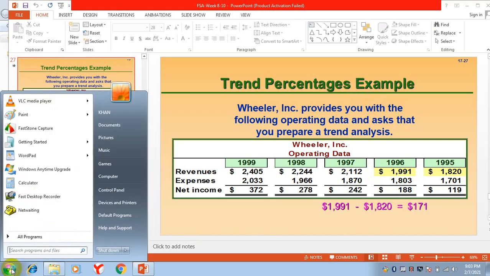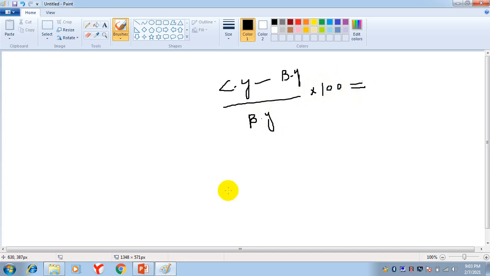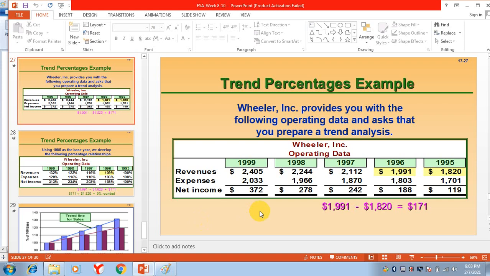Just like I told you in the previous classes: current year minus base year, divided by base year, and multiplied by 100. So we will get a percentage. This is basically the trend analysis.